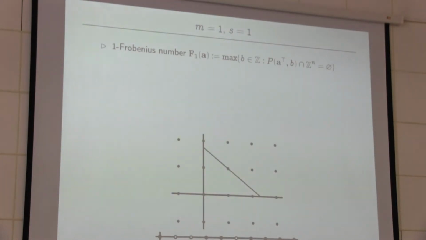All right. So now we will consider an even more special case when n is equal to 1 and s is also equal to 1. In this case, we deal with just the classical Frobenius number.